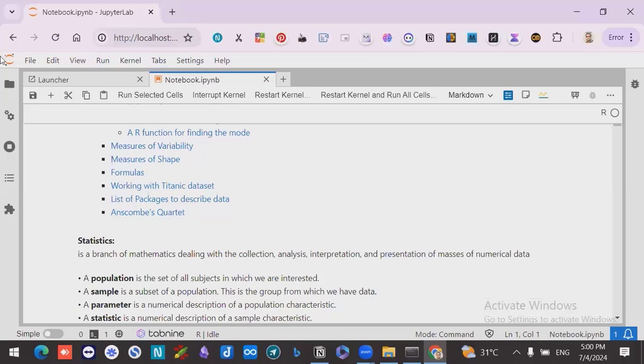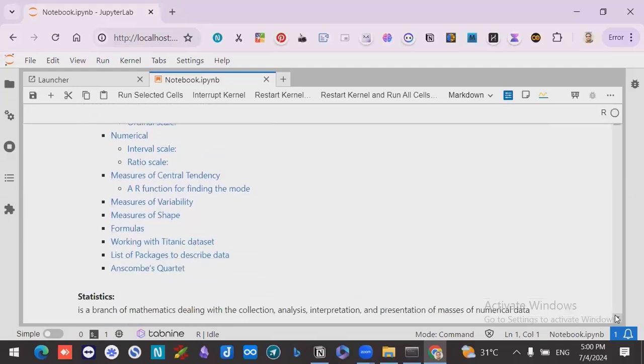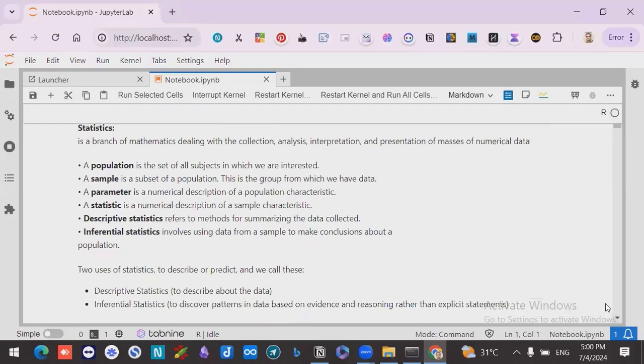So the things we discussed today in this module: we started with statistical concepts and general examples, like population and sample, what is a parameter, what is a statistic, what is descriptive statistics compared with inferential.